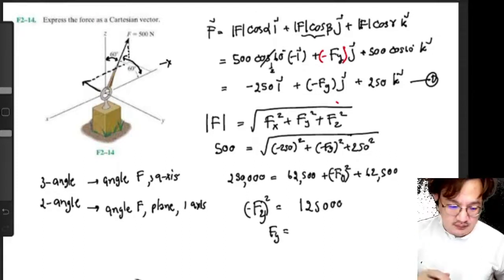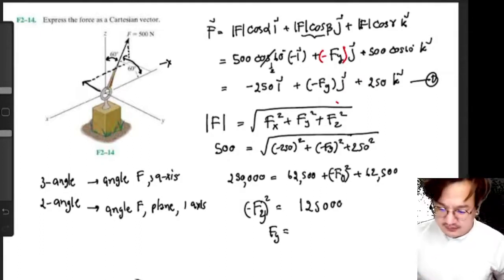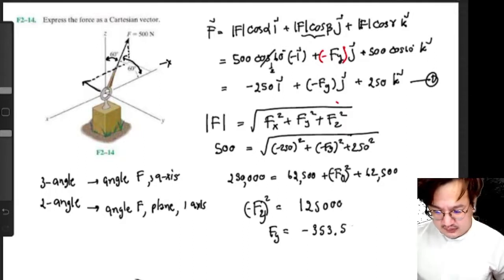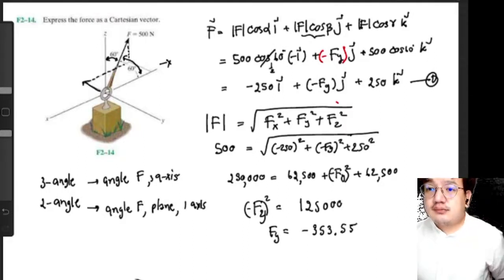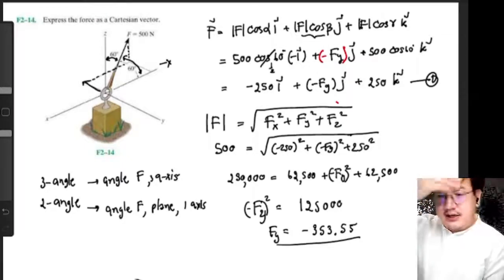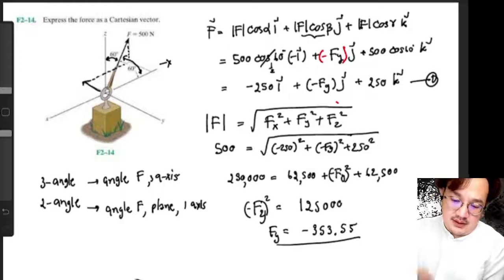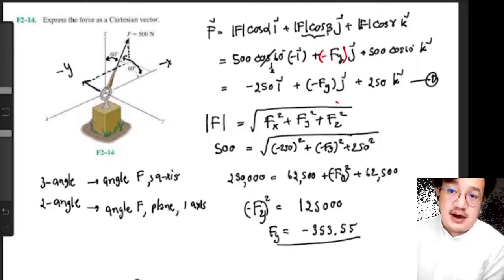Fy will be equal to the square root of this term, and it is minus 353.55 in the negative y-axis.